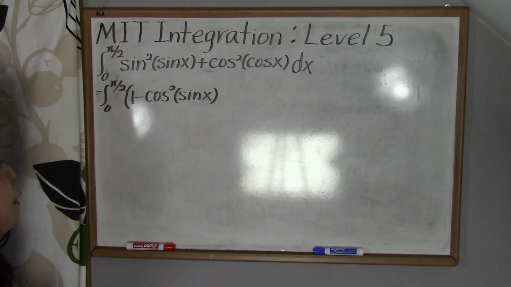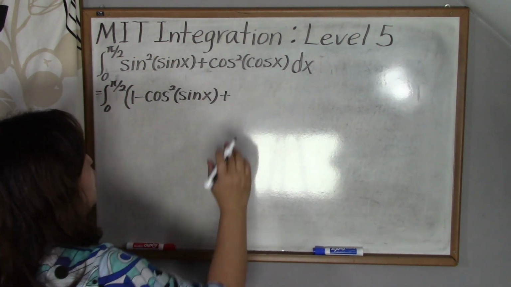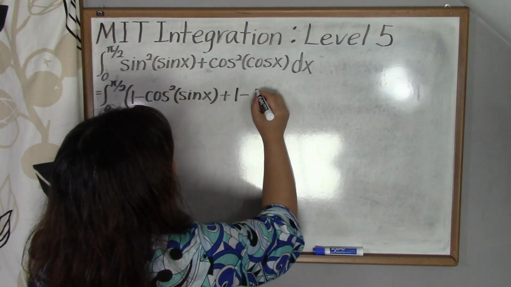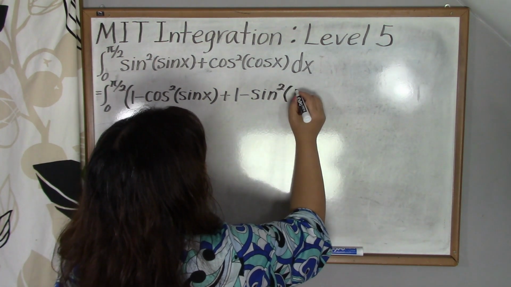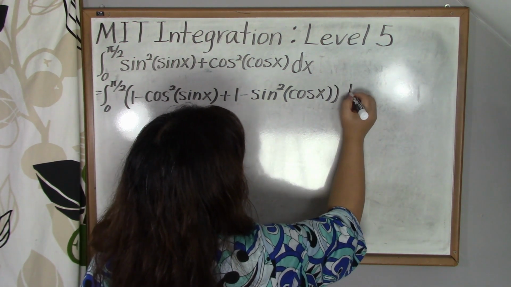Next, plus, I want to change cosine squared of cosine of x into 1 minus sine squared of cosine of x, dx.